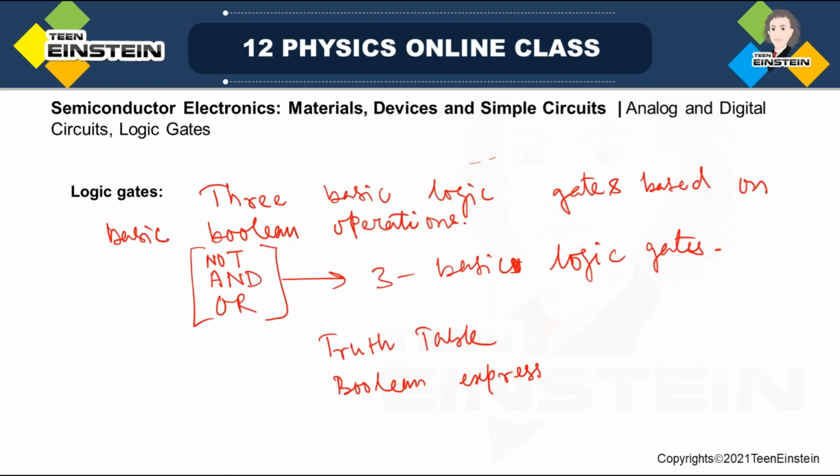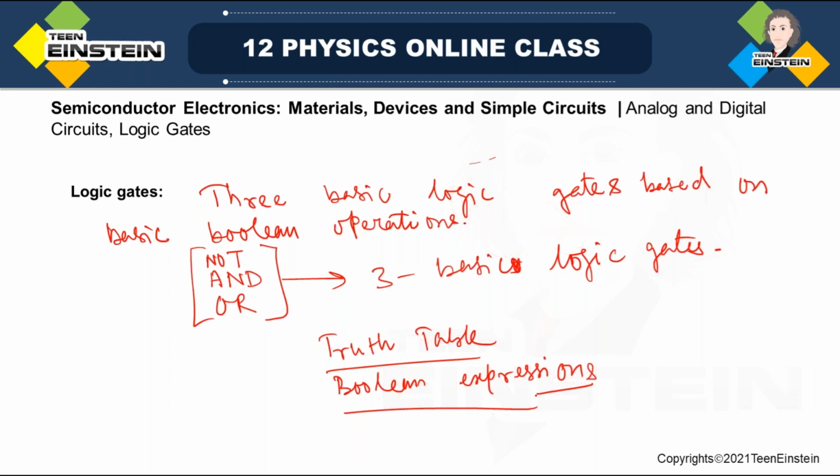This is directly from Boolean algebra. These are two ways to express or represent the input output relationship for different gates.